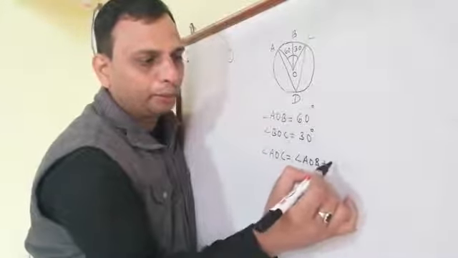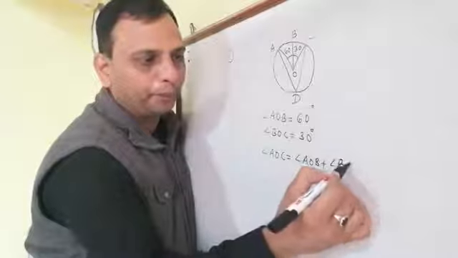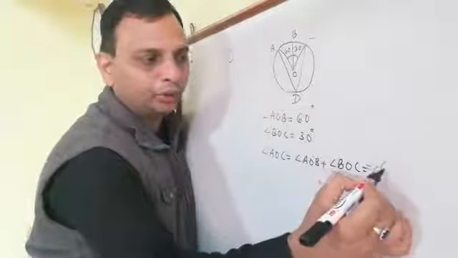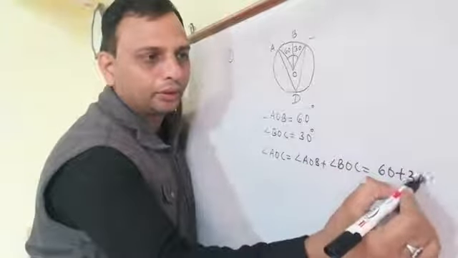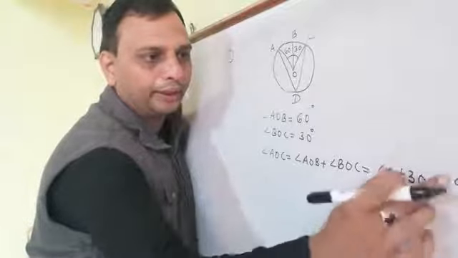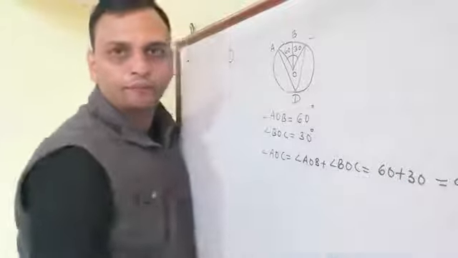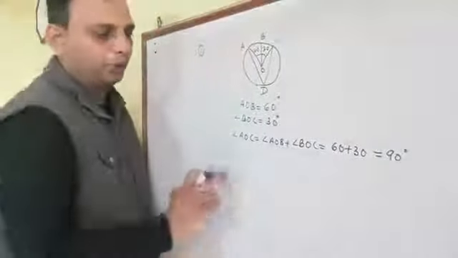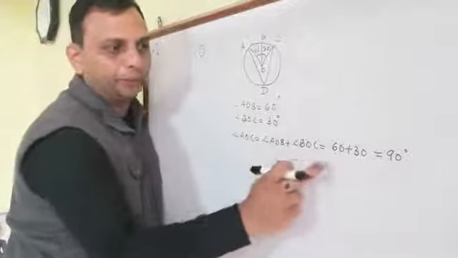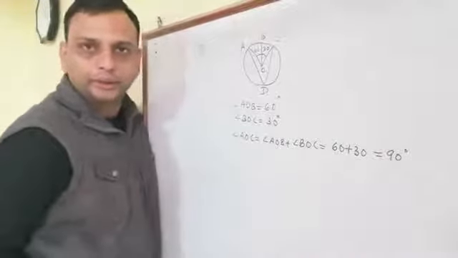AOB plus BOC, which is equal to 60 plus 30, that is 90 degrees. So AOC is equal to AOB plus BOC is equal to 60 plus 30, 90 degrees.